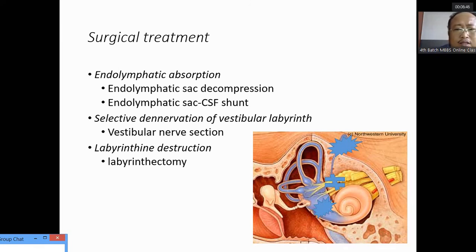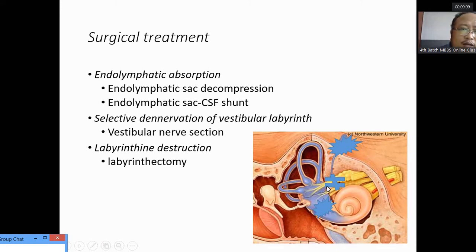But this is a matter of extreme expertise. And the patient should always be counseled regarding post-surgical issues like imbalance.